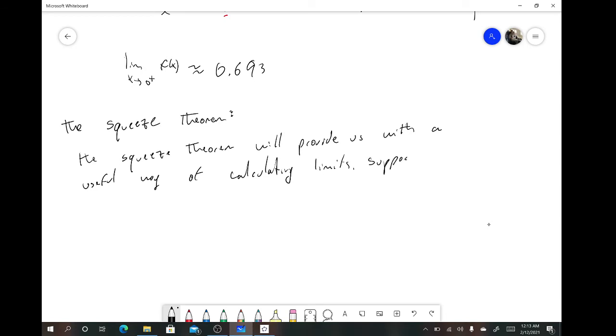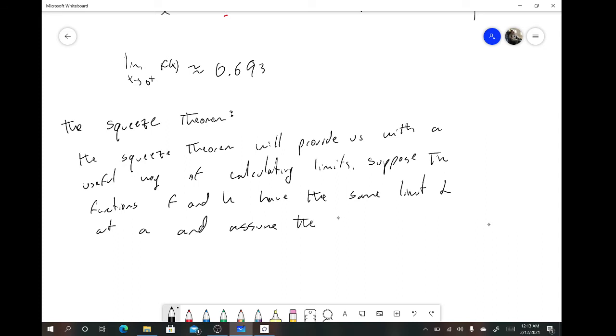So suppose the functions f and h have the same limit L at a, and assume the function g is trapped between f and h.